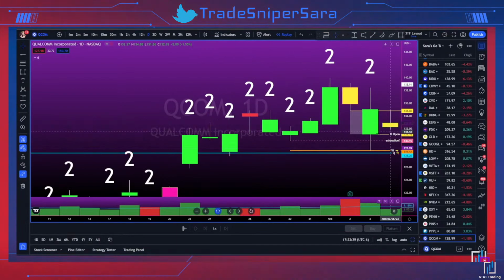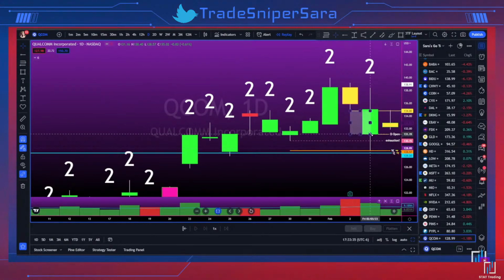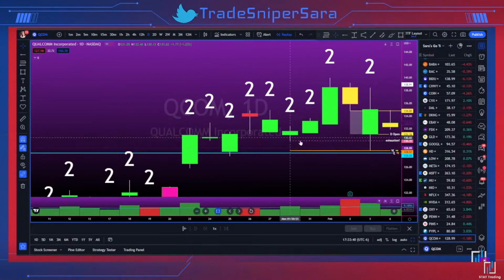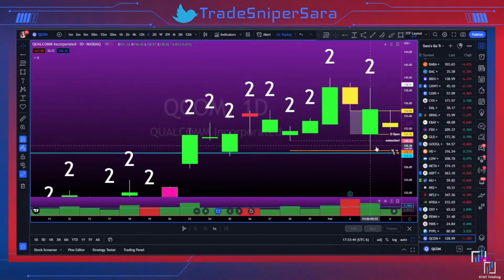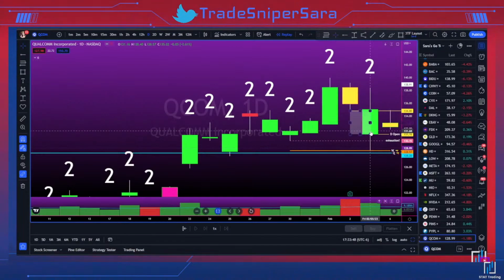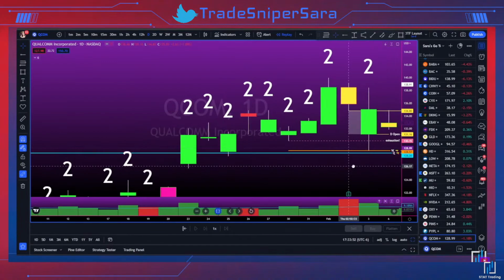Now we know, looking back, it opened here, it closed here. But how did the wicks happen? The wicks happened because it opened here, traveled down, took out the people who had stops here, and then reversed. But knowing what we know now, how does that help us intraday? So you'll have to go into the smaller time frames to figure it out.